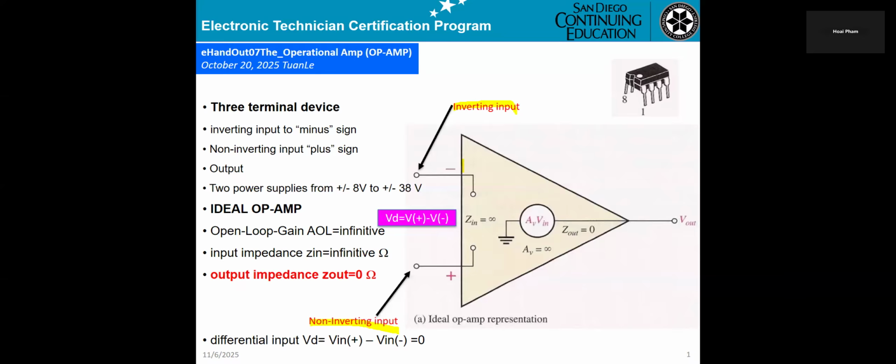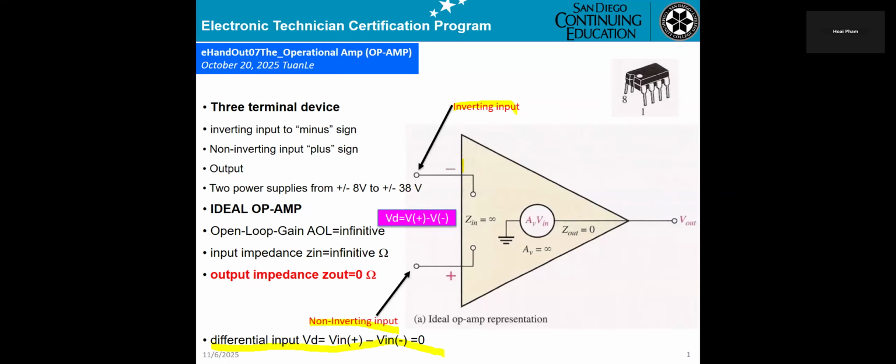They want the input impedance to be infinity. That's only telling you they don't want any current flowing into the op amp. And the difference between input positive and input negative, they want that to be equal to 0.